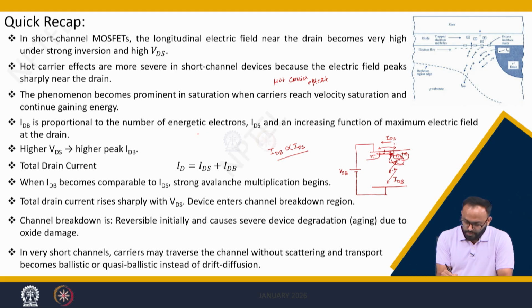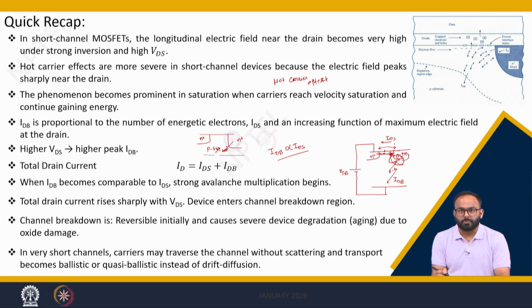Now in a MOSFET, if a drain to body current is flowing, with N plus source and drain and a P type body in NMOS, there will be a significant potential drop in the substrate. Because of the inherent bipolar junction property, this can be considered as emitter, base and collector.